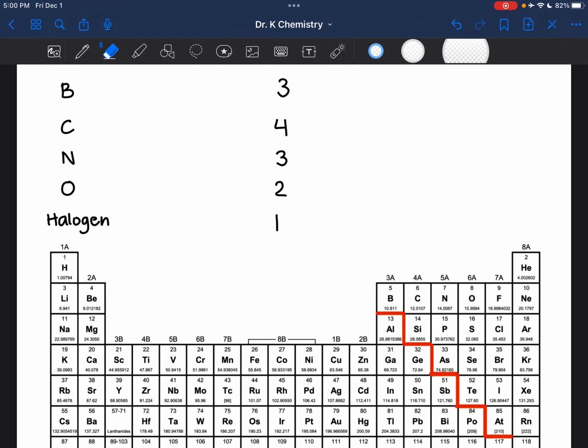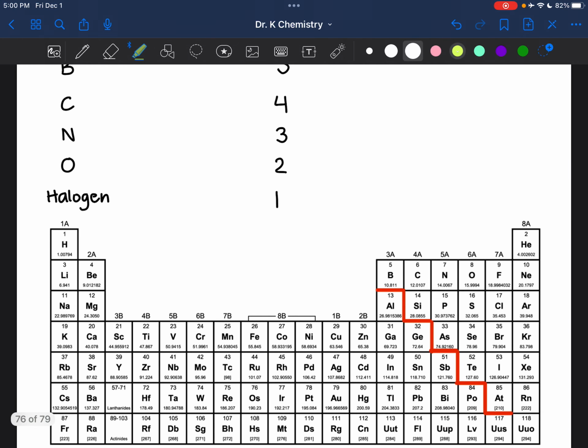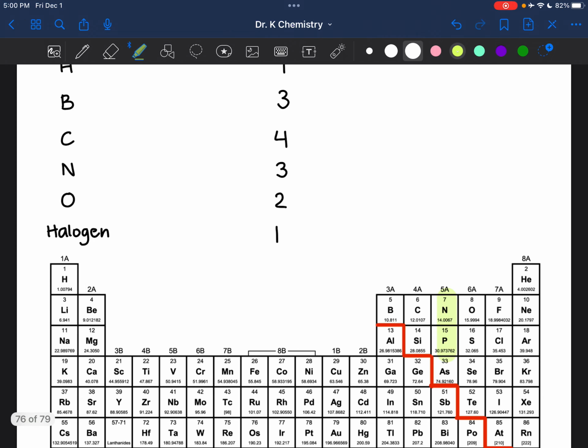The other thing I wanted to mention is that sometimes different atoms might come up. So let's say, for example, instead of nitrogen, you see phosphorus in a formula. You can handle it much the same way that we did here. Notice that phosphorus is directly under nitrogen on the periodic table. Since they are in the same family, they're going to behave very similarly.